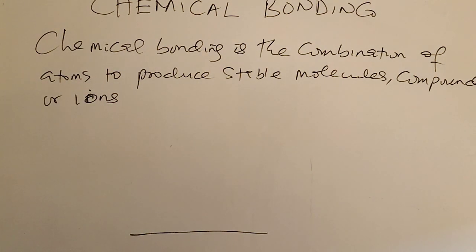The combination of atoms to produce stable molecules, compounds, or ions. This is what is known as chemical bonding.